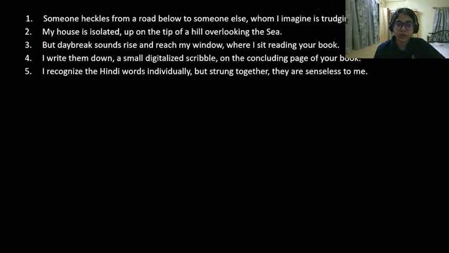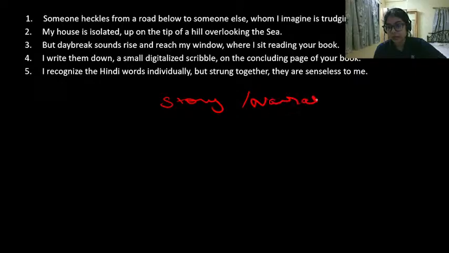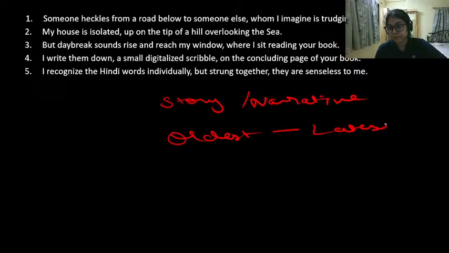Okay, so 5 statements. I've given you the traditional, the conventional question, 5 statements. Try following the same method. Now if you read everything, this reads like a story, like a narrative, and I had given you a strategy for narrative. Stories follow the oldest to latest chronology, so try following that.